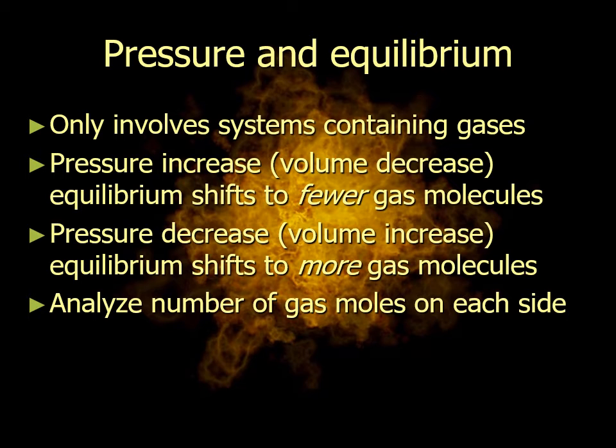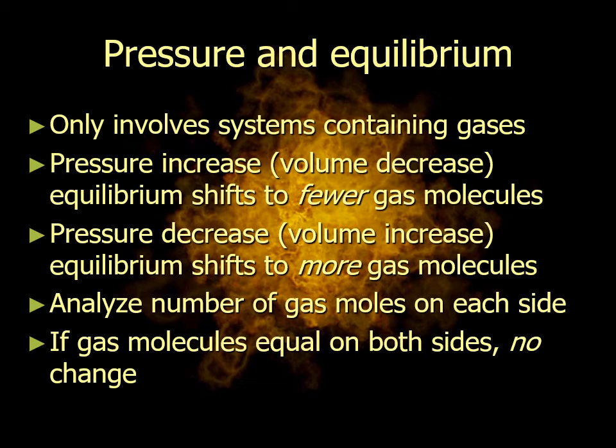And we're going to find there are 3 possibilities. So 2 possibilities are there's more gas molecules on the left. Second one, more gas molecules on the right. Third one, the same number on each side. If that's the case, then pressure has no impact on the position of equilibrium.